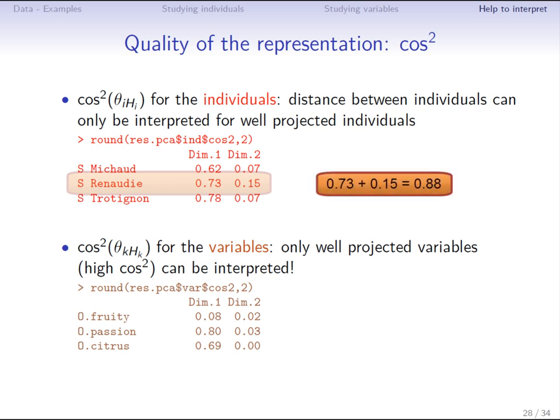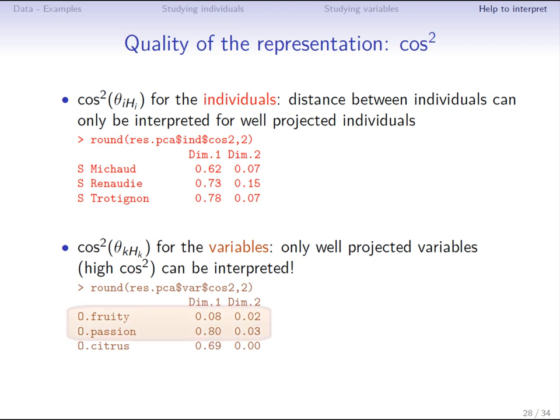That means the angle is close to 0, and therefore the individual is well projected. I can then interpret the distance between this individual and other individuals that are well projected. If two individuals are close on the map but poorly projected, I cannot interpret their proximity because they may be far apart on the last dimensions. For the variables, patient odor is well projected, whereas fruity odor is poorly projected on the first two dimensions.